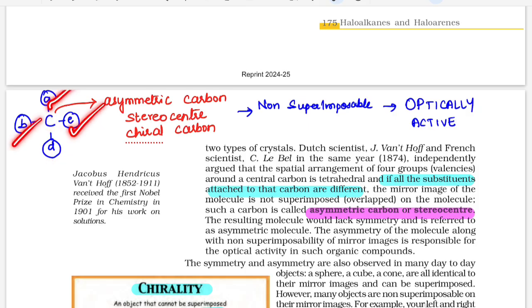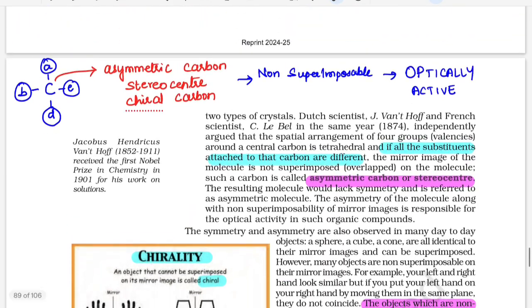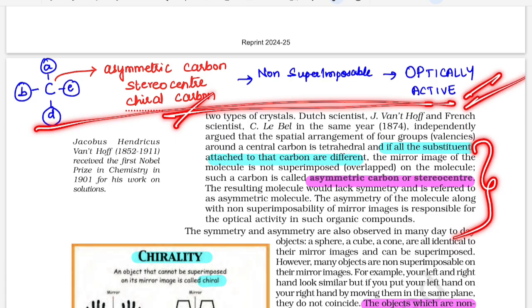If it is, then it is optically active. If all the substituents attached to the carbon atom are different, then the mirror image of the molecule is not superimposed on the molecule, and such a carbon is called an asymmetric carbon or stereocenter. I have condensed all this and given it here, so just revise this.